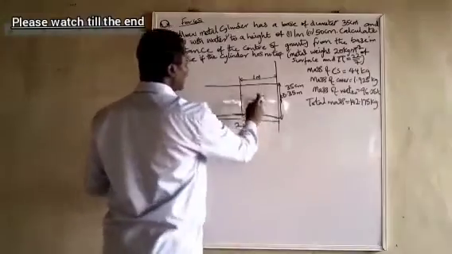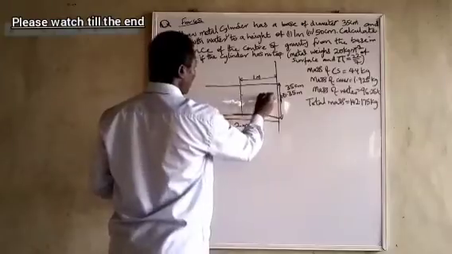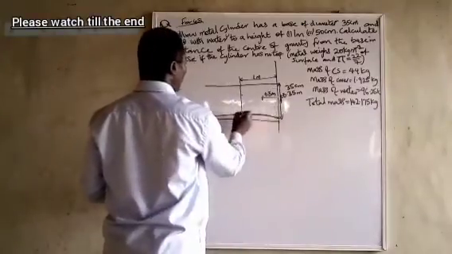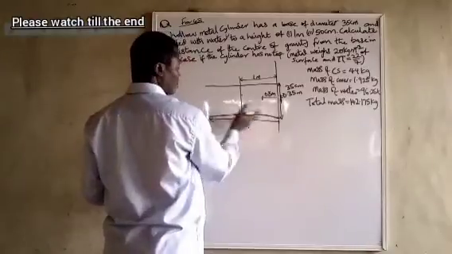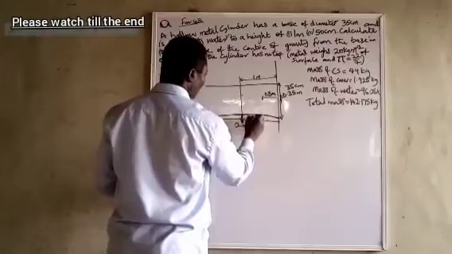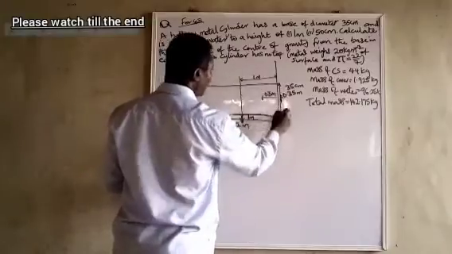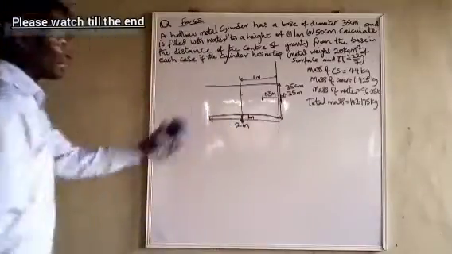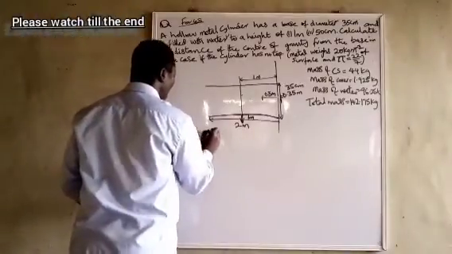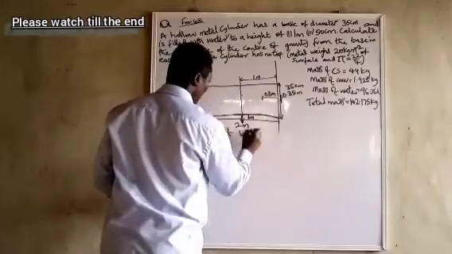The Cg for water is going to be 0.5 meters. The Cg for the metal cylinder, the curved surface, is going to be 1 meter. And the Cg for the base is 0 because I'm taking moments about the base. Now, let me take moments about base.